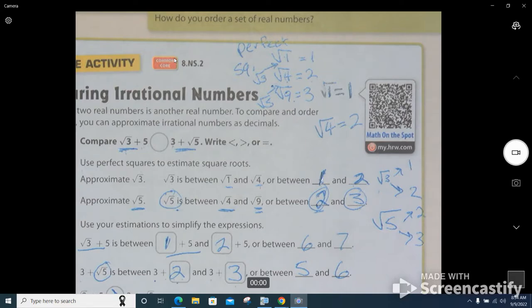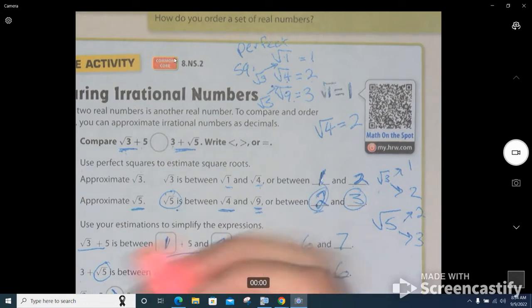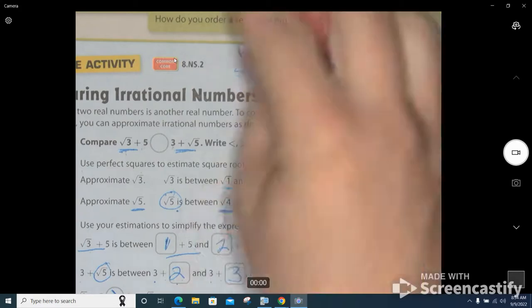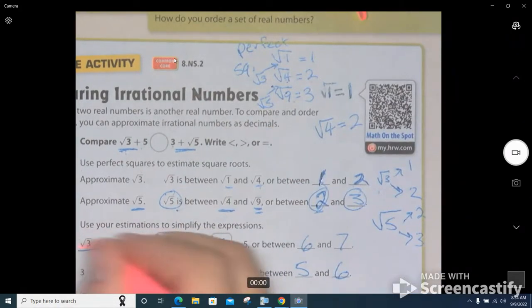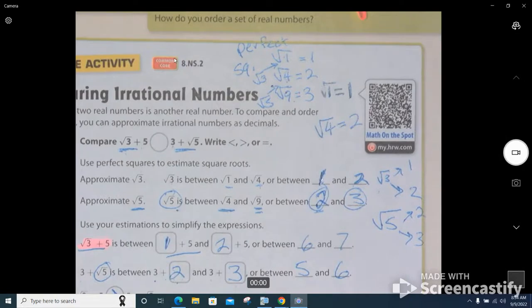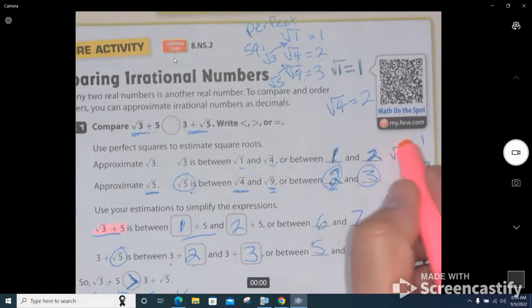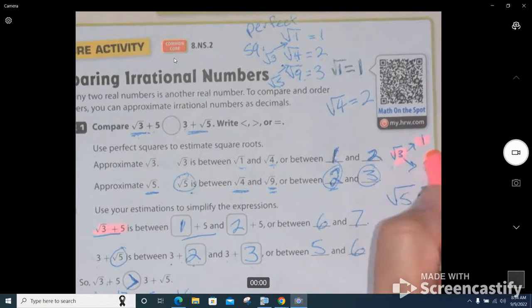So the next step is we're trying to figure out what this means. The square root of 3, remember I said the square root of 3 is between 1 and 2, correct?